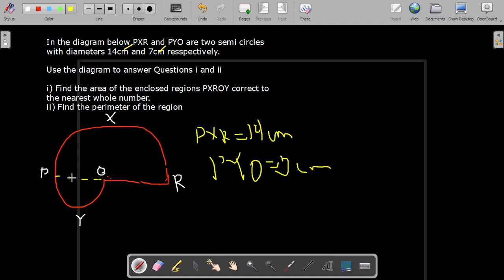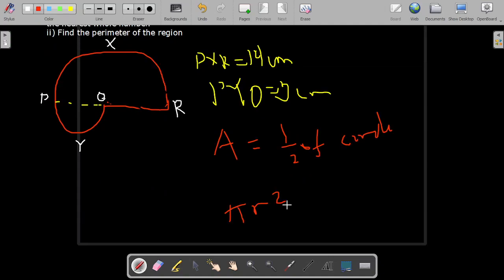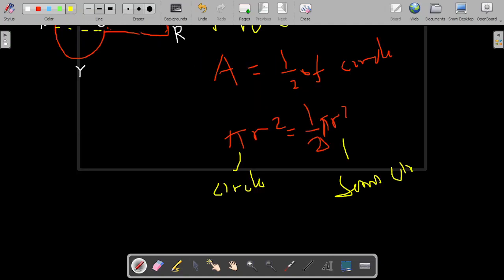If the area of a circle is pi r square, then the area of the semicircle is half of pi r square, that's 1 over 2 pi r square. This is for the circle, while this is for the semicircle, because half of a circle is the semicircle.